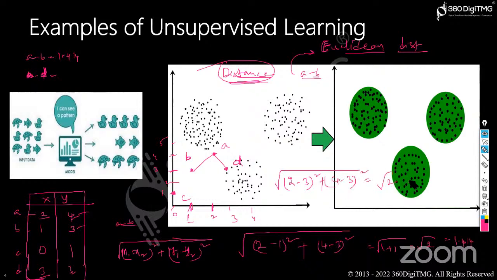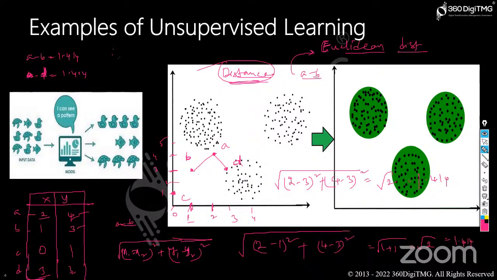This is also the square root of 2, which gives us 1.414. I also look at the distances between BC, BD, all these things.